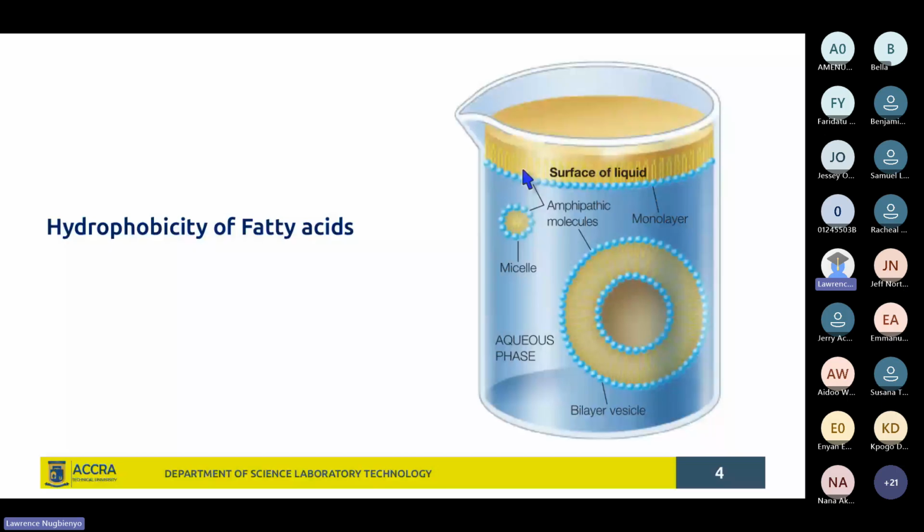Because of course, we have just seen that the carboxylic end is hydrophilic, and so that can have interactions with water molecules, whilst the long chain hydrocarbon is hydrophobic, and so those will turn away from the water molecule. So that's why you see such floating of oil on water.